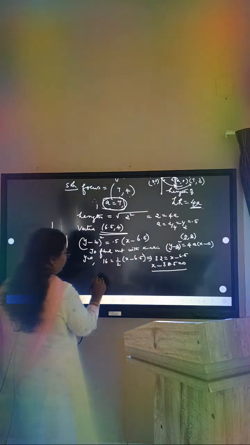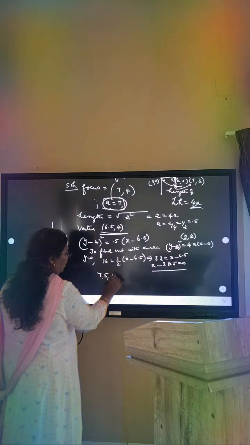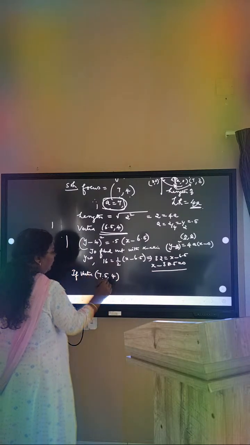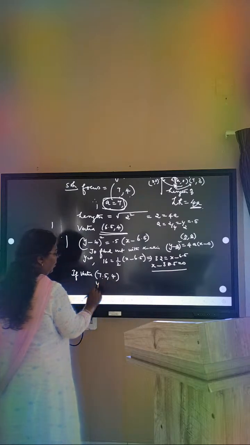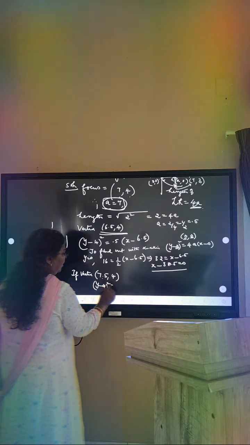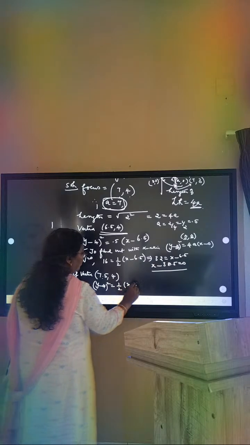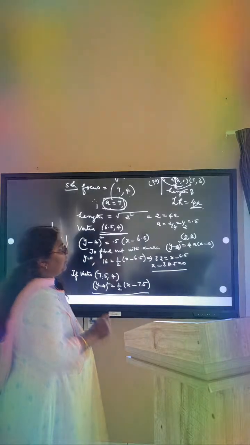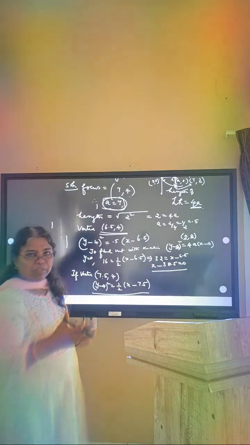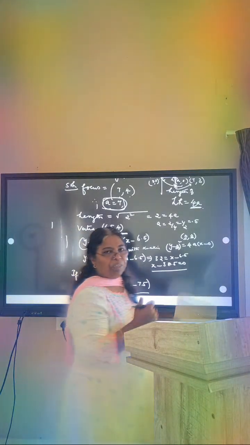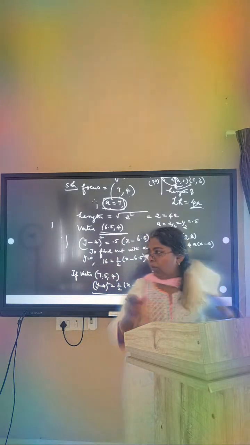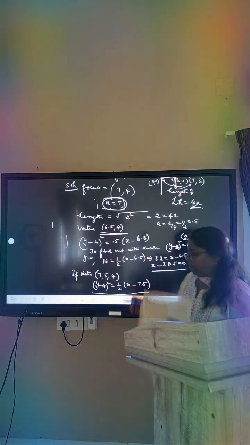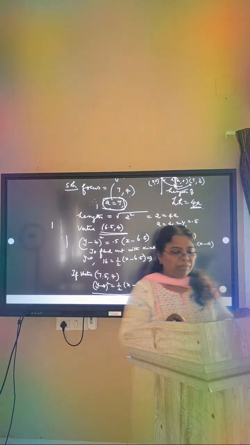If the vertex is at 7.5, 4, then the equation of the parabola is y minus 4 the whole square is equal to half into x minus 7.5. So the length of the latus rectum was given, and we were able to find the equation of the parabola. The equation of the parabola is this: y minus 4 the whole square is equal to half into x minus 7.5.